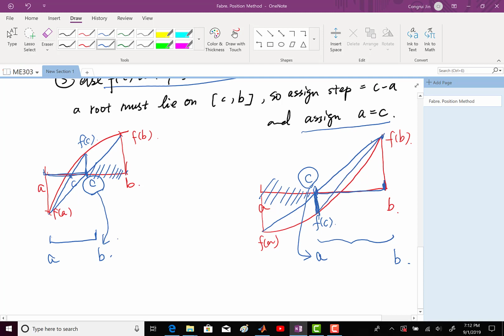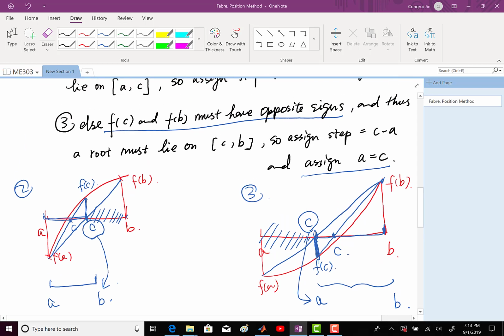You can draw another straight line, find the intersection point C, as you did in the last iteration. You can do this over and over again. So this is scenario 2, and this is scenario 3.